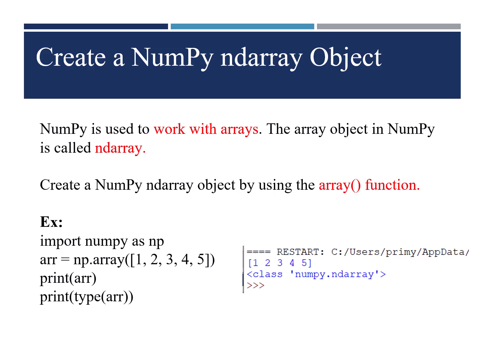Now we print the variable arr, and in the next line we print type of arr. The output displays the collection of values, and in the next line, class numpy.ndarray. So NumPy in Python is used to create ndarrays.